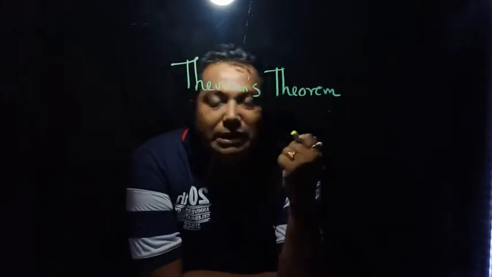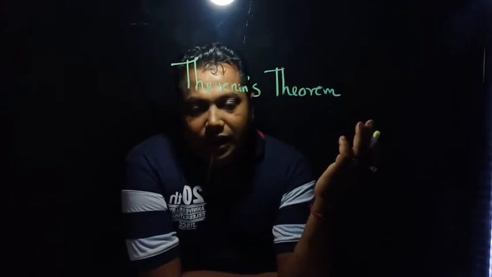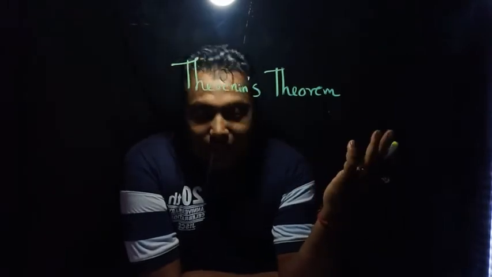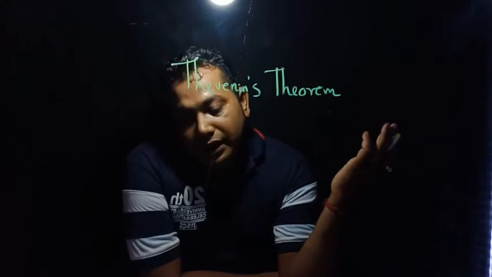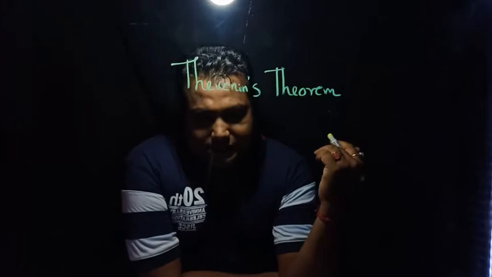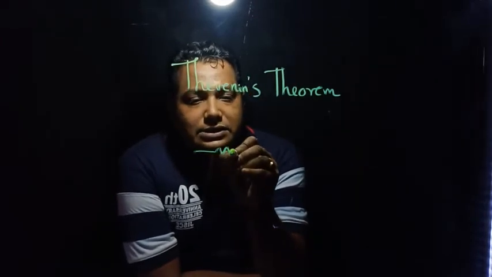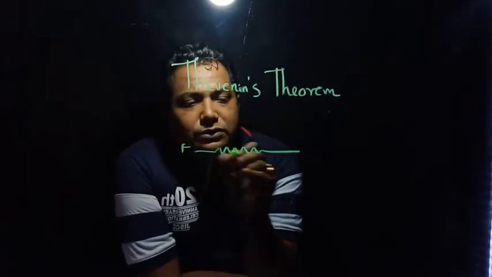So what do we mean by linear and bilateral? Linear means a circuit which contains linear elements. Now what are linear elements? Linear elements are elements which have a linear VI characteristic. Consider a resistor and give a supply to it.